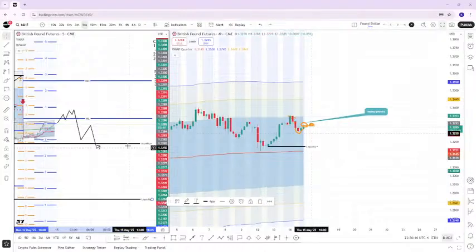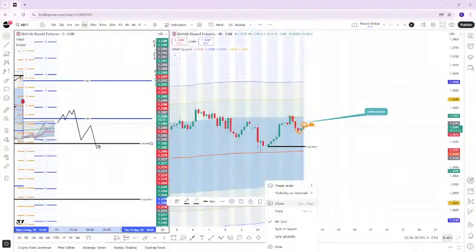Sync in layout, and then sync this one in layout. I'm not going to look at the yearly view just because it's kind of in no man's land. It's just above DVA, kind of imbalance up, but not fully. Syncing out.